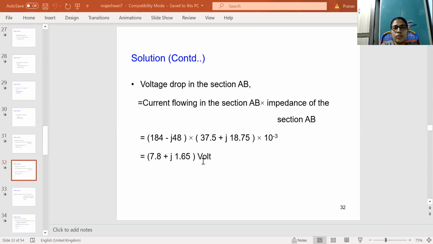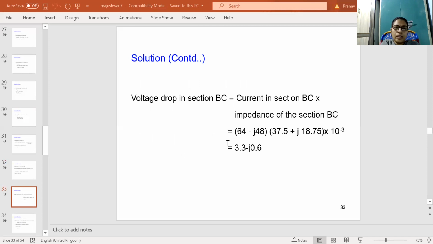After that, the voltage drop in section AB: the current flowing through the section AB into the impedance of the section AB. So (184 minus j48) into (37.5 plus j18.75) × 10^-3. We get 7.8 plus j1.65 volts as the voltage drop in the section AB.